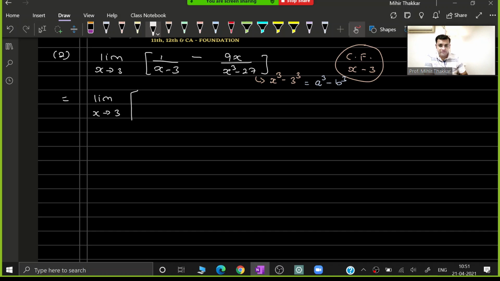Before doing this, if anybody is wondering why I did not substitute the value 3 over here, by observation I, and of course even you, can identify that the denominator 3 minus 3 is going to be 0 for the first term, as well as for the second term, 3 cube minus 27, which is 3 cube minus 3 cube itself, which is going to become 0.